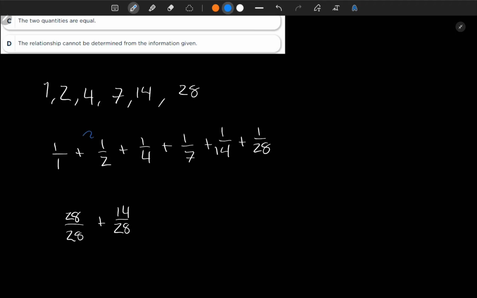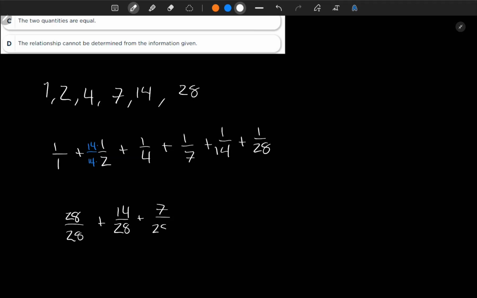So what we do is we multiply the top, the numerator, by 14 and the denominator by 14. So both are multiplied by 14. And since you're multiplying 1 half times 14 over 14, it's the same thing as just 1 half, but we get 14 over 28. Continuing for all of these, we see for 1 over 4, we have to multiply the top and the bottom by 7.